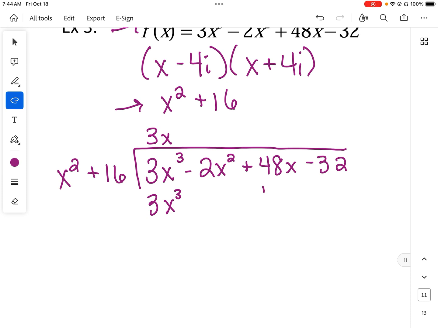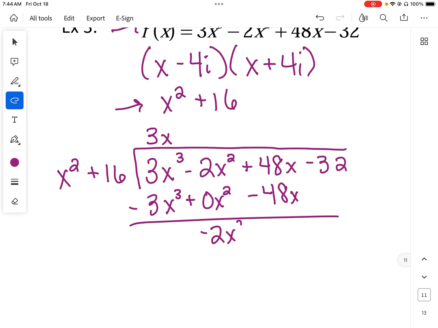But I need to put that underneath the x term. Now subtract. Since there was nothing here, I could have put 0x squared, which we would just carry down. Those cancel. We get a 0x, right? Now we're left with minus 32.